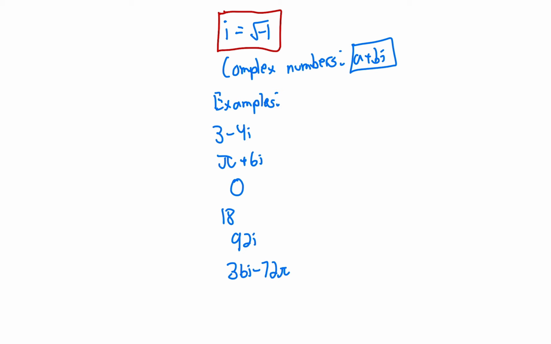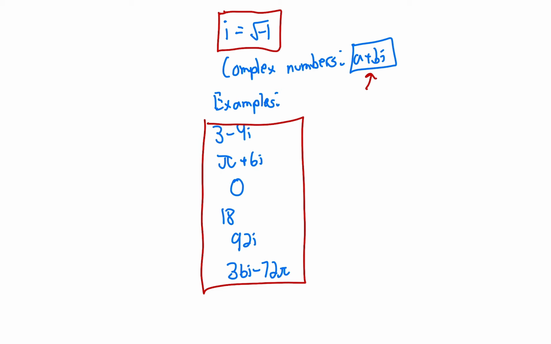Complex numbers are numbers in the form a plus bi, where a and b are real numbers. Here are some examples of complex numbers. Now let's try adding some. If we have a complex number a plus bi and we want to add a complex number c plus di, then it'll just be (a plus c) plus (b plus d)i.